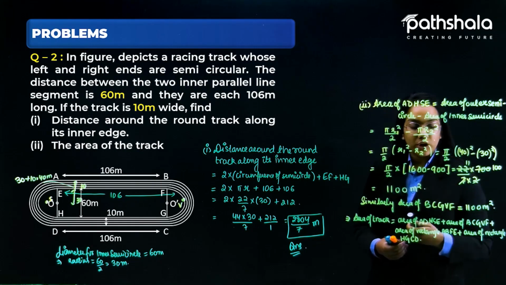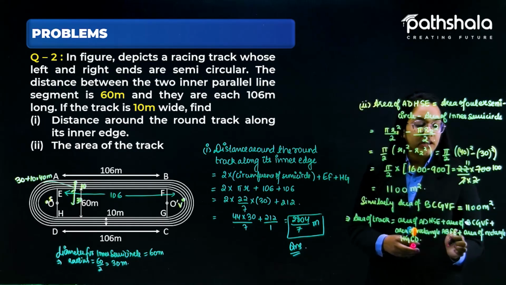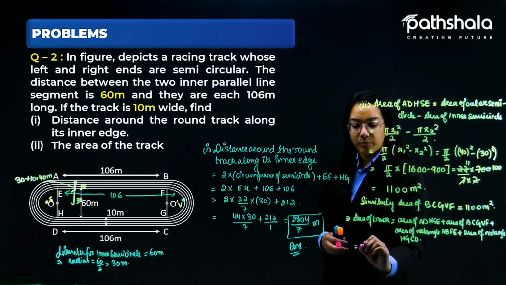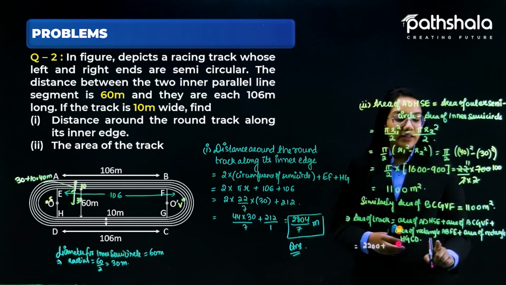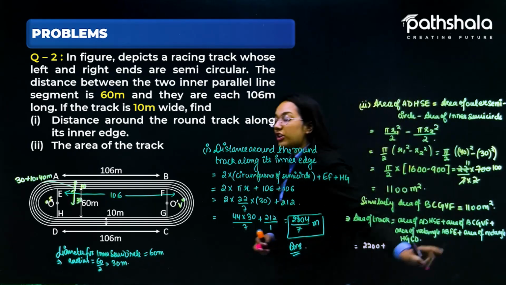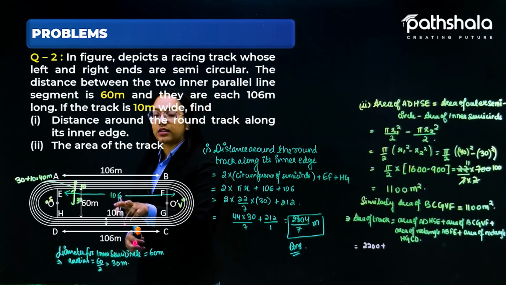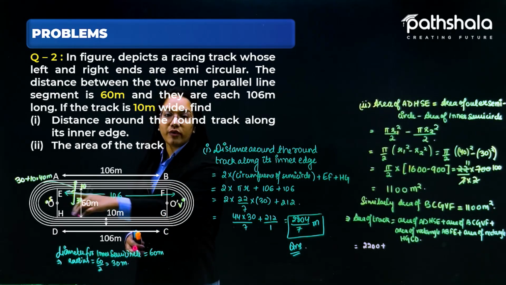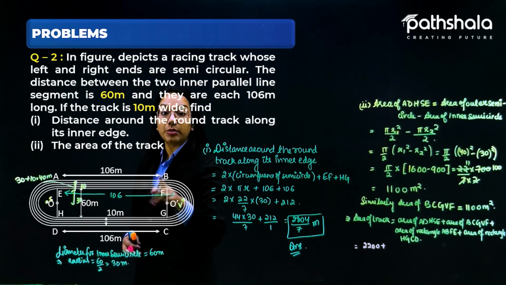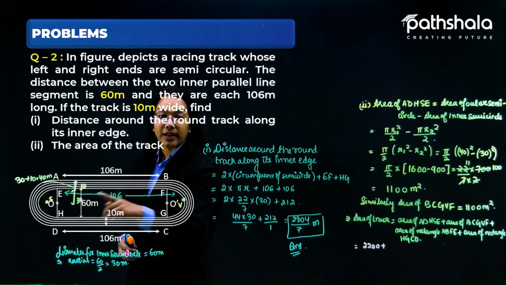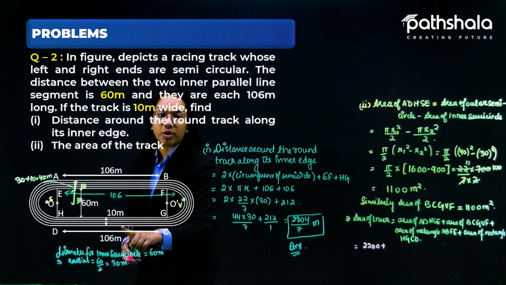So first of all, we know that these two areas are 1100 each, so this would be 2200 plus the area of the rectangle. You can see over here the area of the rectangle is nothing but length into breadth. So the length over here is 106 and the breadth over here is 10.